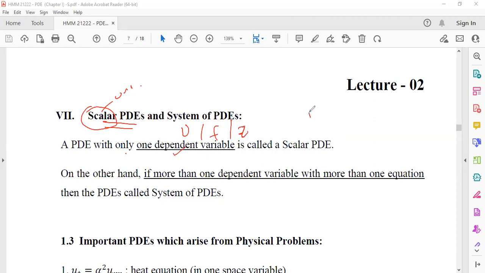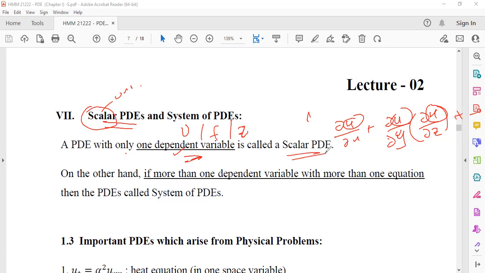For example, ∂u/∂x plus ∂u/∂y times ∂u/∂z, or anything, but only one dependent variable. We call that a scalar PDE.